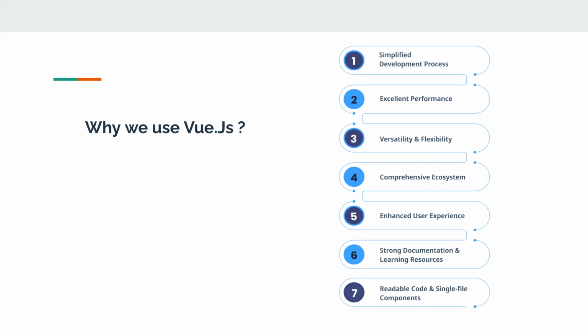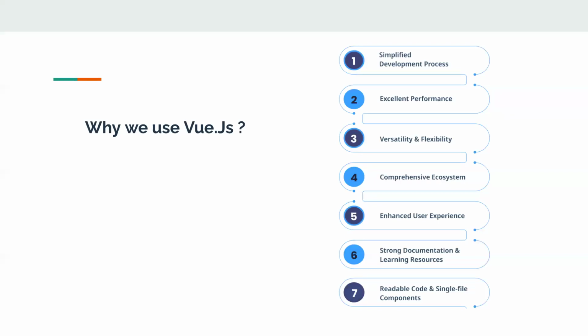It can be easily integrated into our existing project, and the framework can be used for creating single page applications, progressive web apps, and even mobile apps. And flexibility means you can use Vue.js in the right approach based on your project requirements.